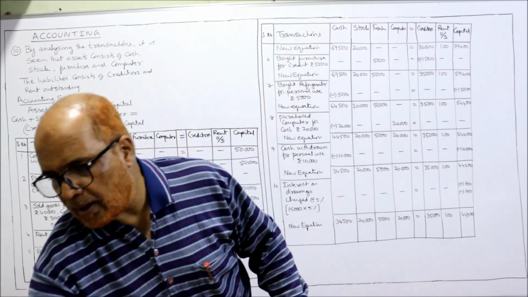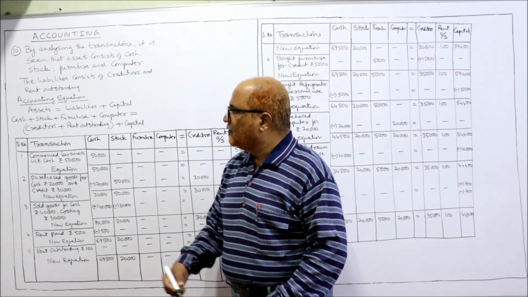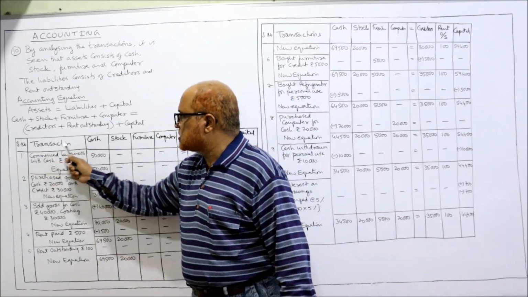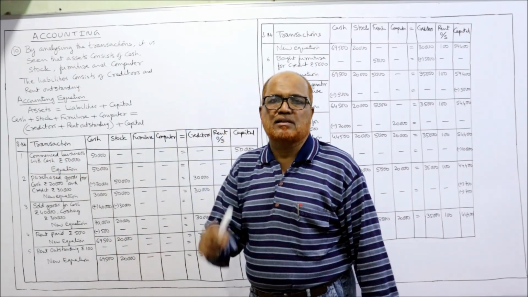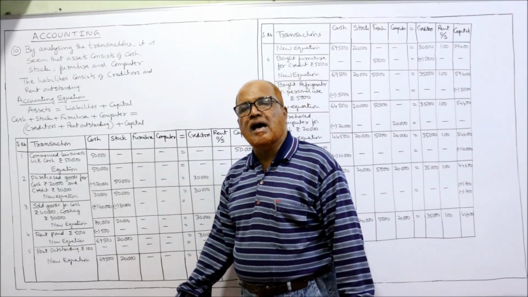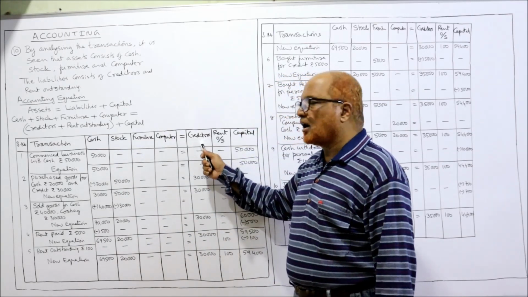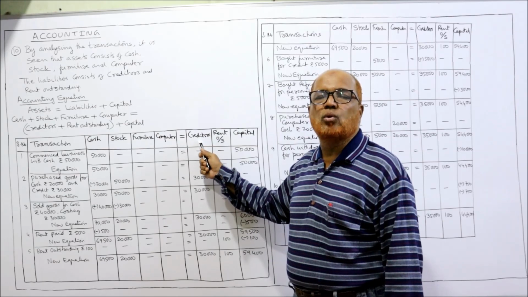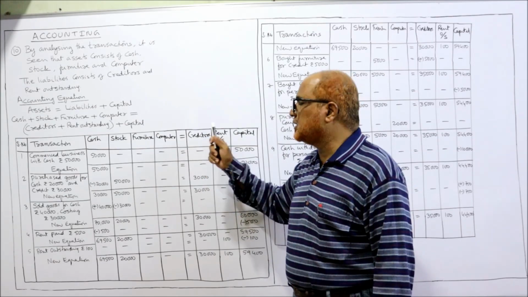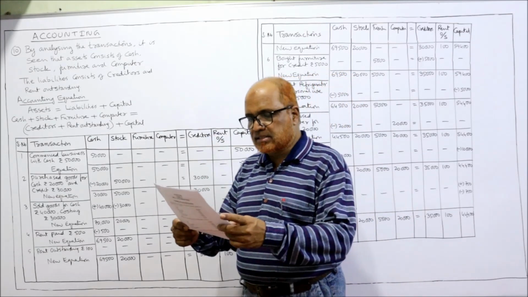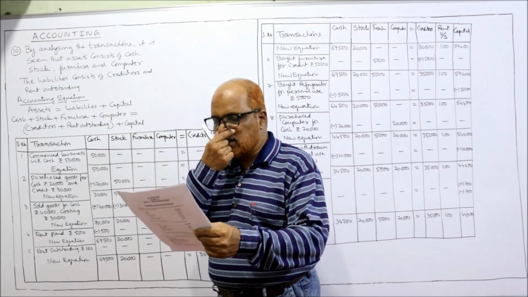You can see here how I am making the format. The format is serial number, transactions, cash. Cash is one of the assets. Stock is another asset. Then creditors. That means we are purchasing the goods on credit, so creditors are created.